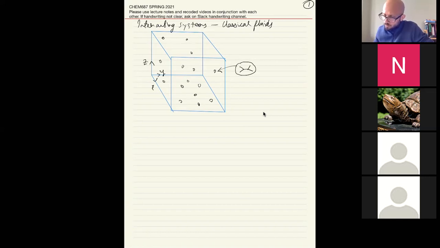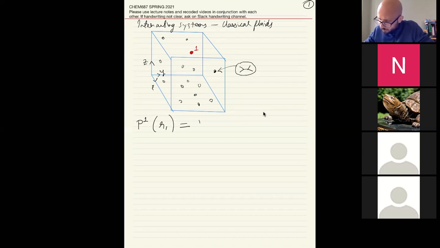So the question that we are facing is, what is the probability of finding molecule number, and let's say we label these molecules, let's say we have given them names. So let's say we want to calculate the probability of finding particle number 1 at a given location R1.